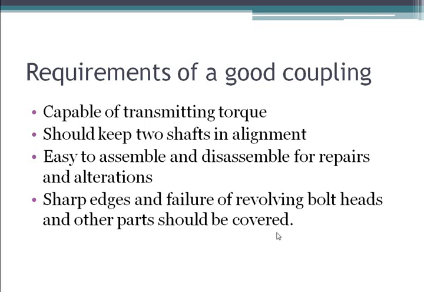Proper shielding should be done so that if a revolving bolt fails, it will not come out and hit the operators or any equipment nearby. The cost will be increased for this, but it should be done for a good coupling, and sharp edges are to be avoided.